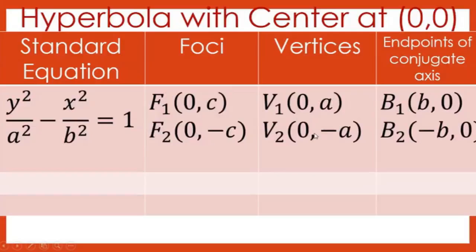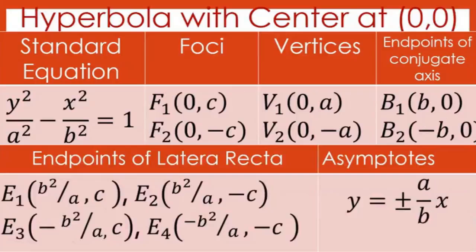The vertices are located at (0, a) and (0, negative a). The endpoints of the conjugate axis are located at (b, 0) and (negative b, 0). And the endpoints of the lateral recta are located at (b squared over a, c), (b squared over a, negative c), (negative b squared over a, c), and (negative b squared over a, negative c).